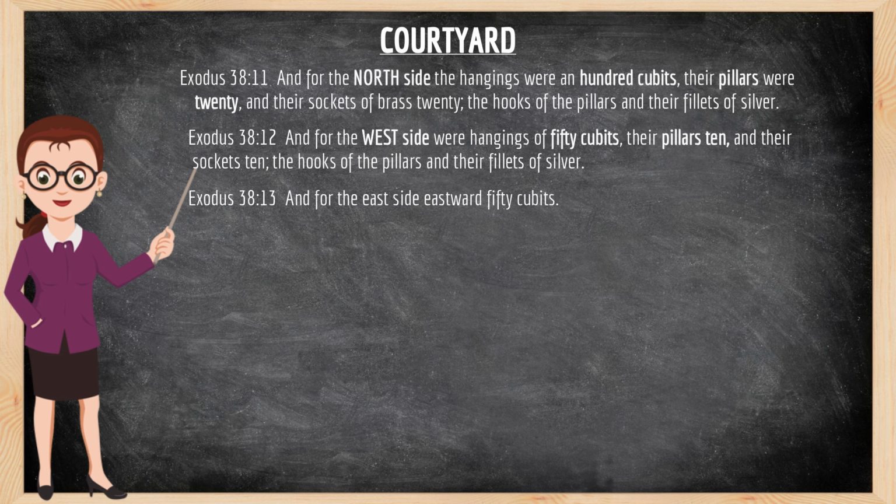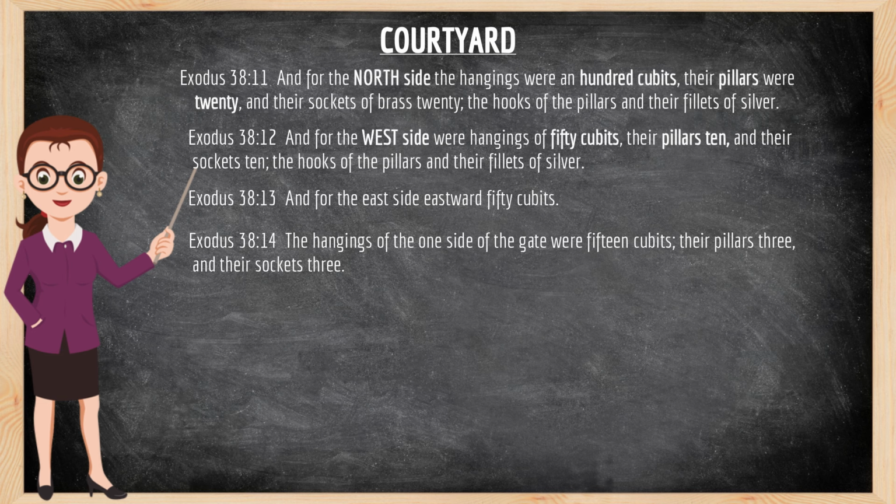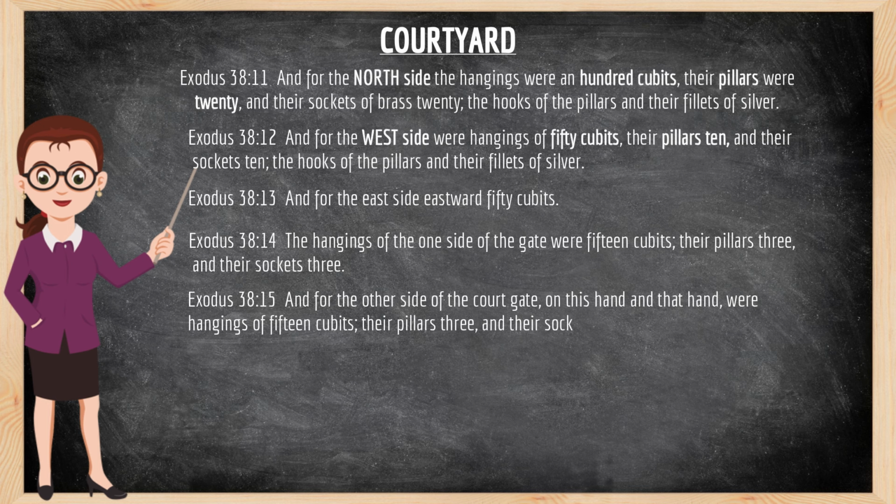Verse 13, and for the east side 50 cubits. The hangings on one side of the gate were 15 cubits, their pillars 3, and their sockets 3. And for the other side of the court gate, on this hand and that hand, were hangings of 15 cubits, their pillars 3, and their sockets 3.